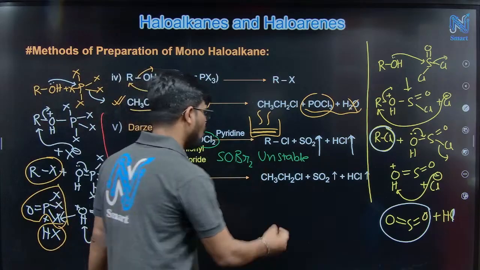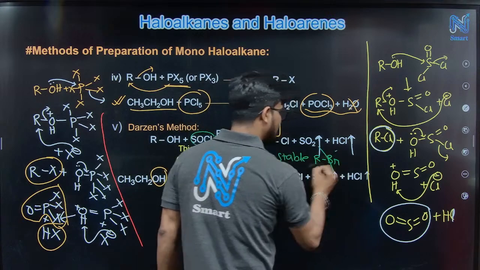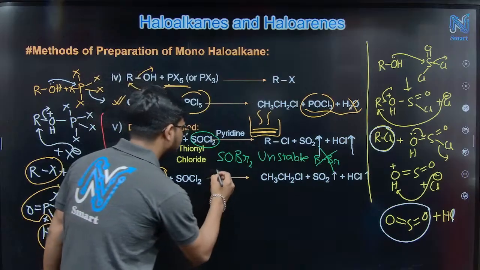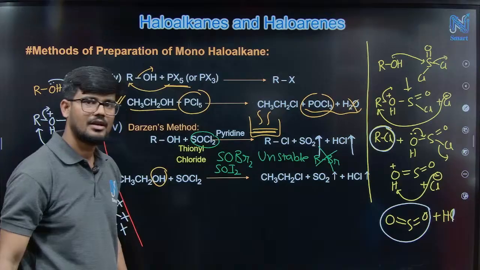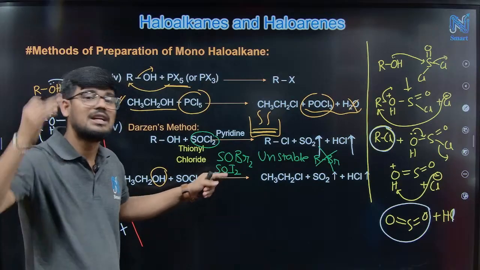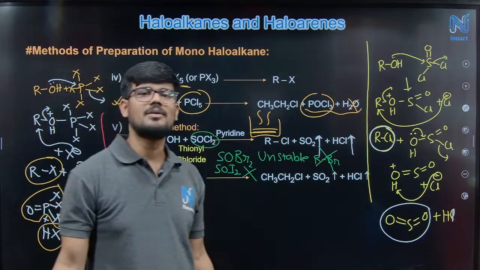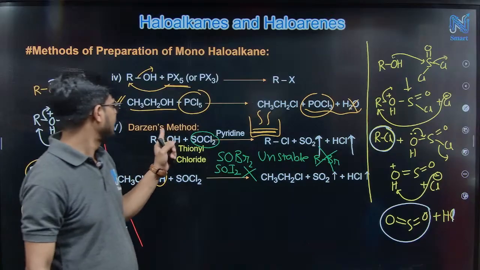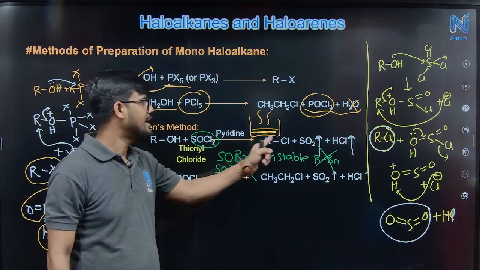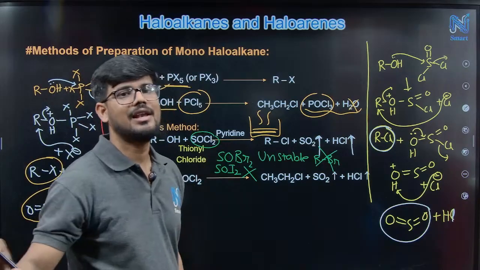So no, you cannot get RBr in this case, correct? Now if you consider SOI2, actually this compound does not exist. So there is no chance of carrying out chemical reactions. So that's why using Darzens' method we can only prepare alkyl chloride. No alkyl bromide, no alkyl iodide. Done?